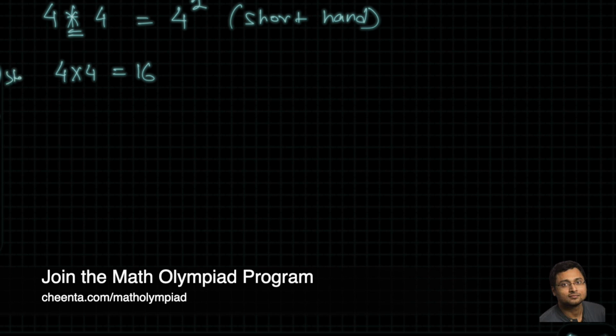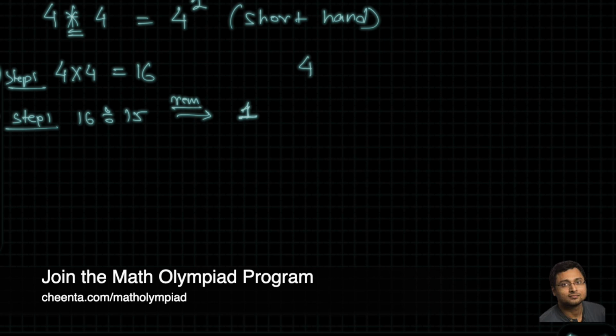That's step 1. You divide 16 by 15 and you get the remainder. That's 1. So 4 square you can then write as 1. I will just use 3 bars to remind you that this is not normal multiplication, it's this star operation. So 4 square, we often say that 4 square is congruent to 1.